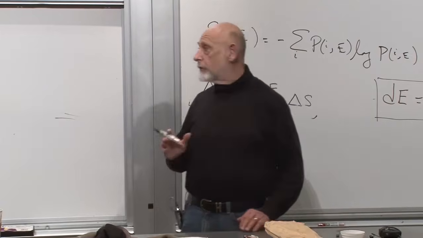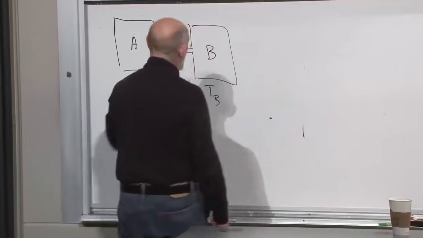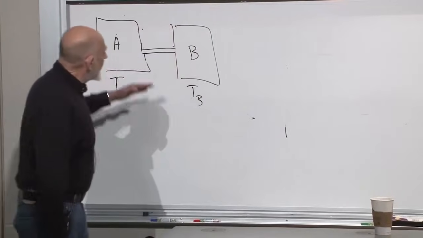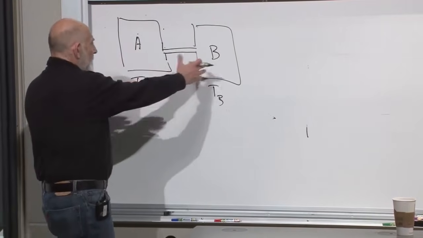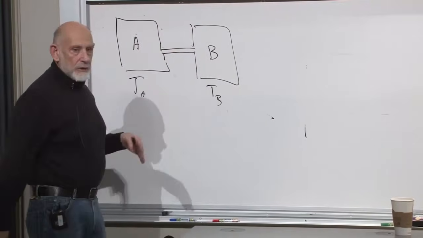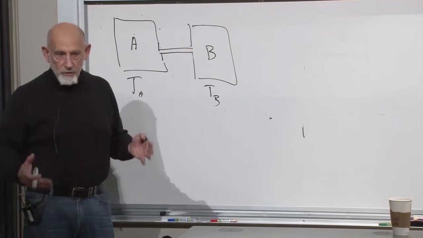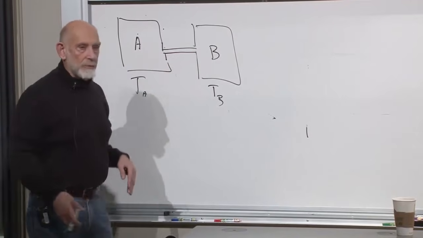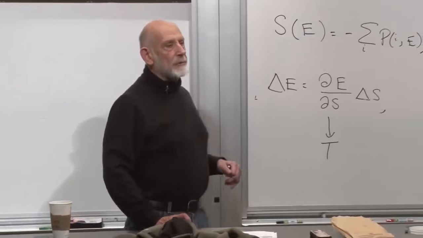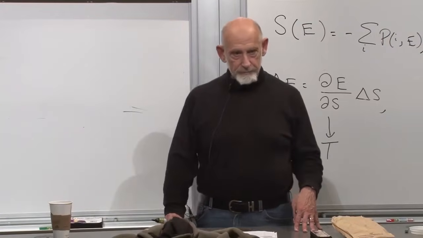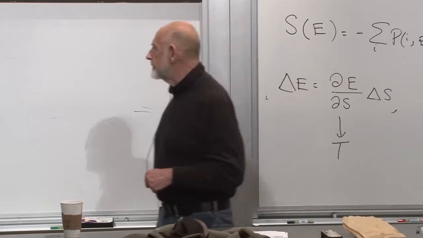The second law of thermodynamics says that when you allow A and B to equilibrate, heat will flow one way or the other, we don't know which, but eventually it will come to some sort of compromise equilibrium. The second law says that the entropy increases.